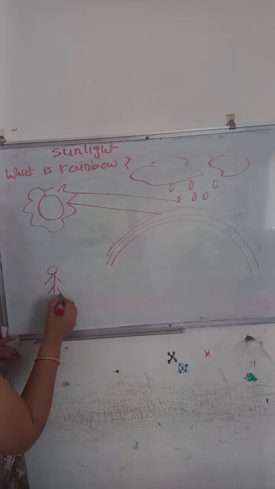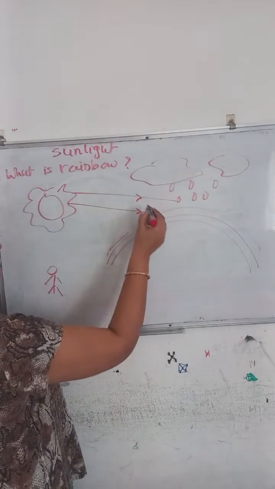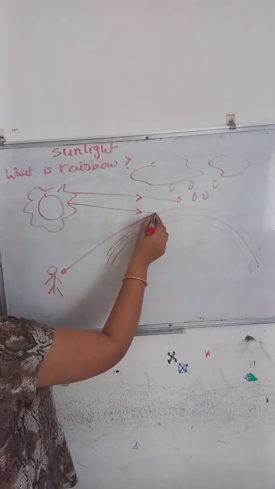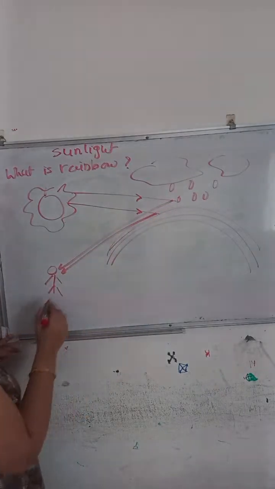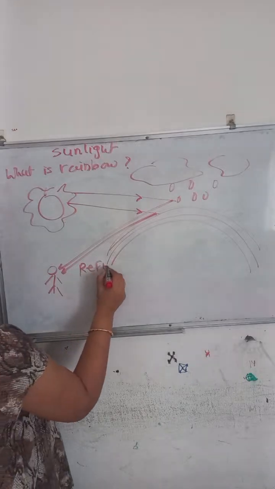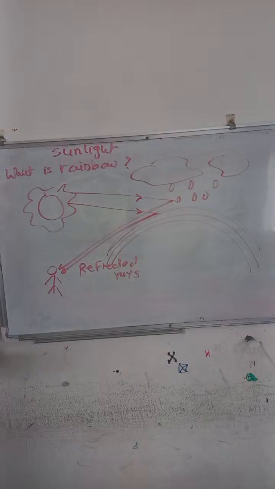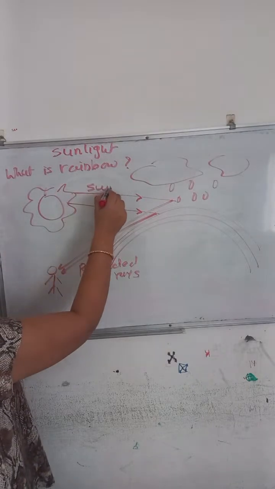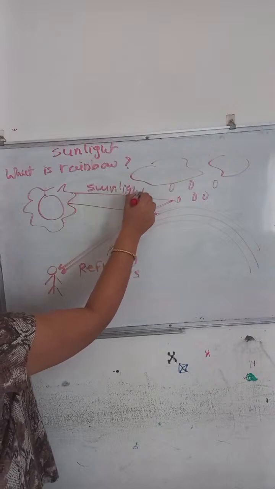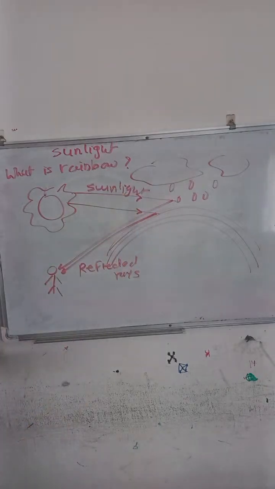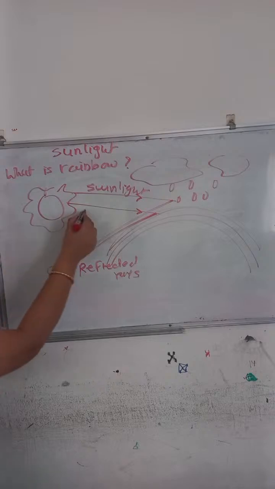Suppose someone is standing here, so this incident ray is reflected back and this person is able to see the rainbow. These are the reflected rays, and this is nothing but sunlight, the incident light, which is normal white light.